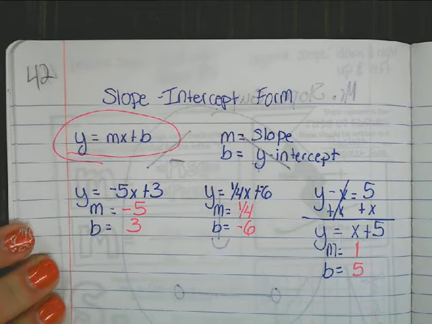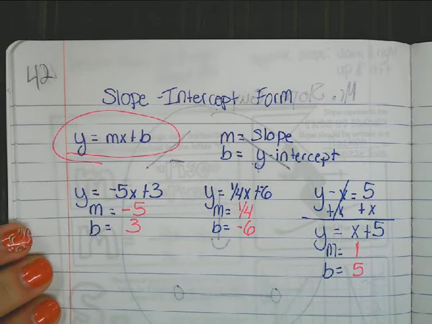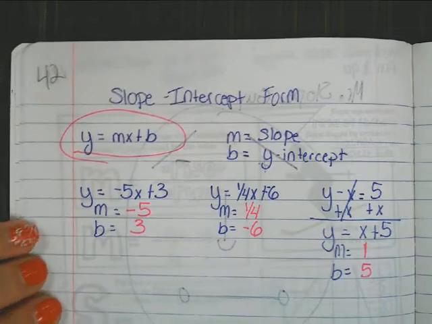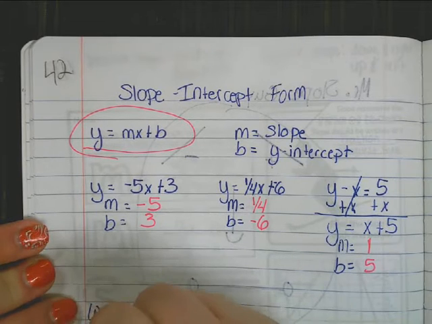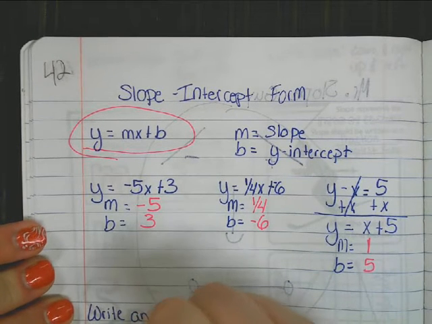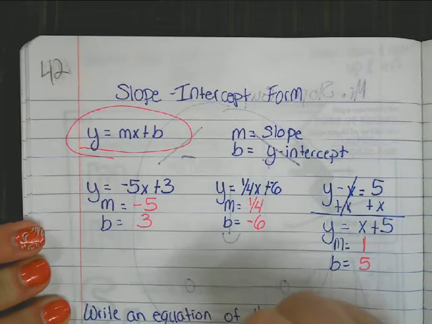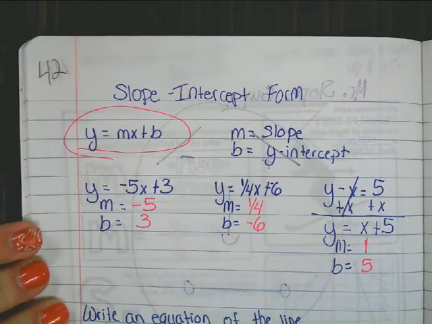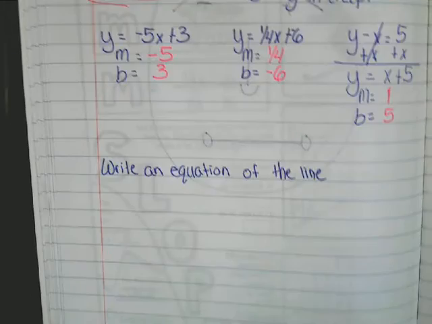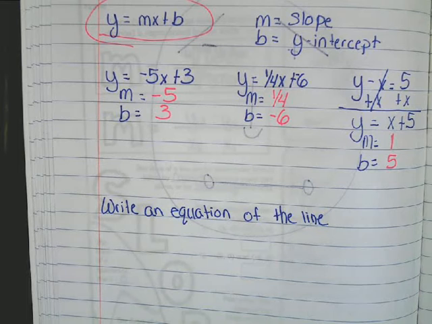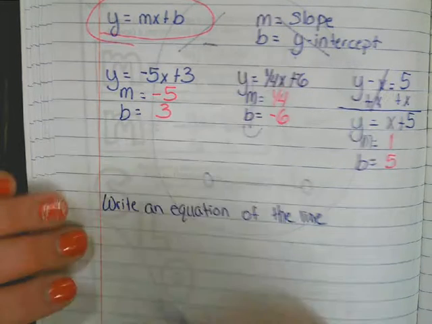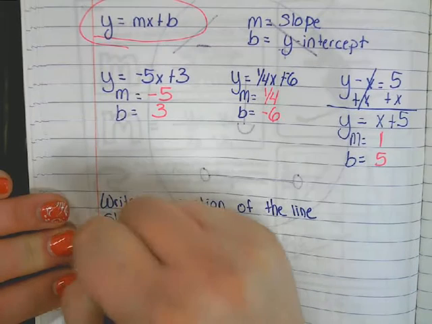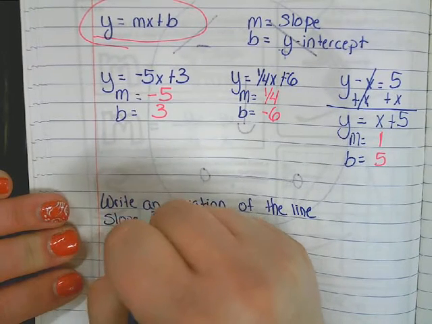Okay. The next part is going to ask you to write an equation of the line. So now they're going to give me slope and y-intercept, and they want me to come up with the equation. So I'm going to say slope is 3/4, and my y-intercept is -1/2.